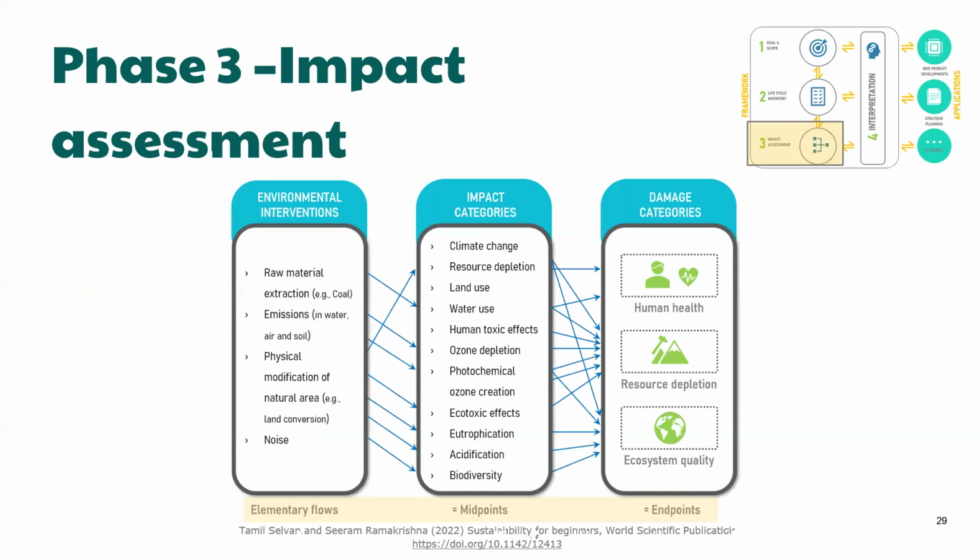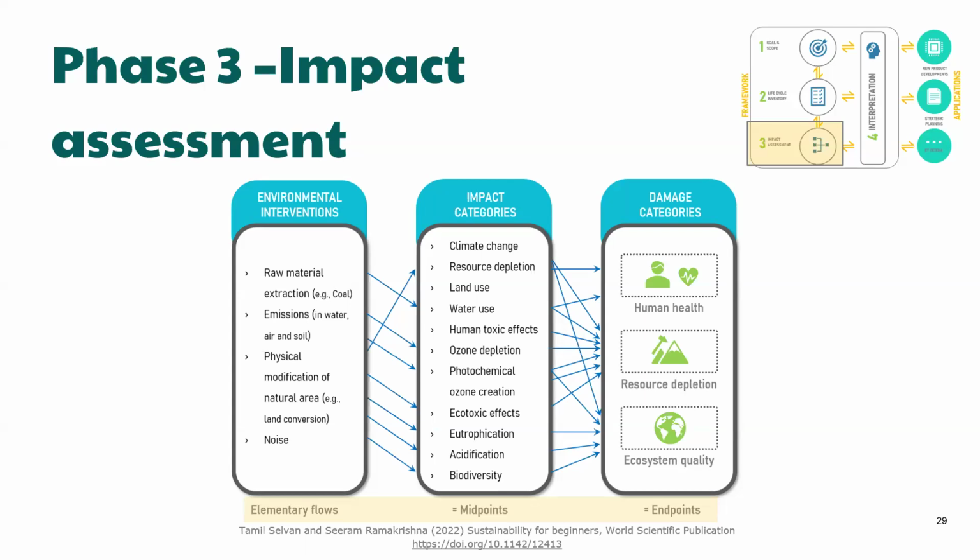I wanted to give you an idea of impact assessment through a graphical illustration. Once you have your clear input and output flows, later on you can come up with your impact assessment, and you can connect your material flows into different categories. Here we have raw materials, emissions, and physical modification of natural area.